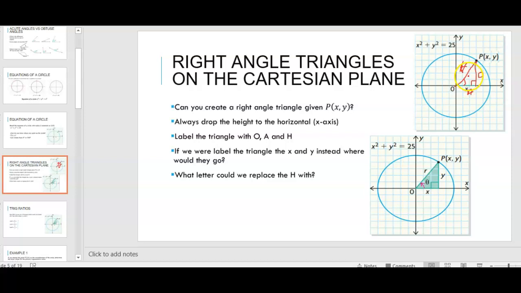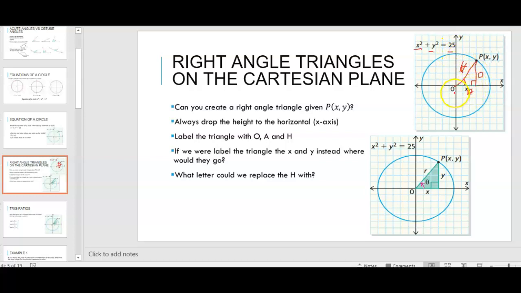Now what if instead of labeling the sides as opposite, adjacent, and hypotenuse, we use the information that we have from the circle? Now we know that the point P has coordinates x and y, and the hypotenuse is the radius of the circle, in this case 5.